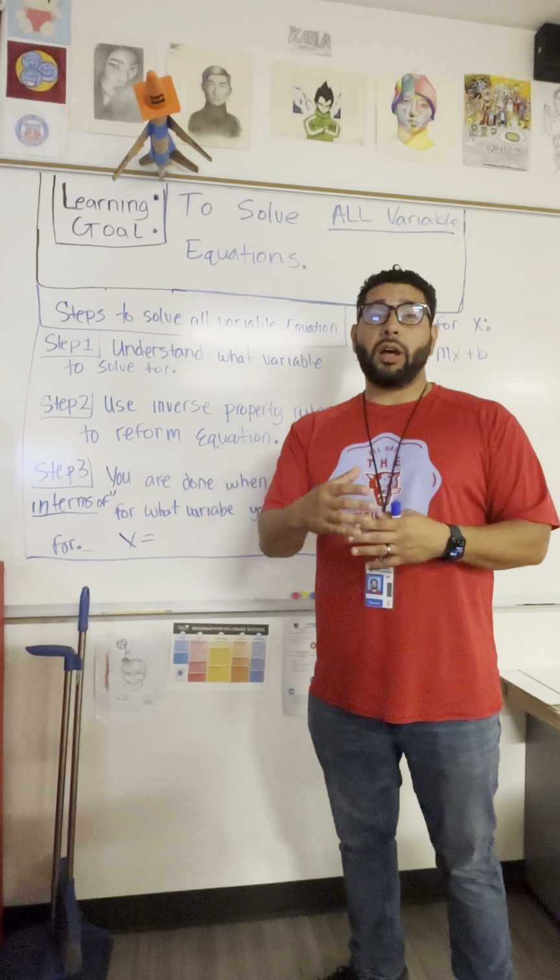My m's cancel, and I'm left with this. Look, x is all by itself, and x is equal to all this over here. I always like to write my x in front and everything else in back. You could leave it how you want, but I'm going to bring my x in front. x is equal to y minus b over m. And that is my solution.